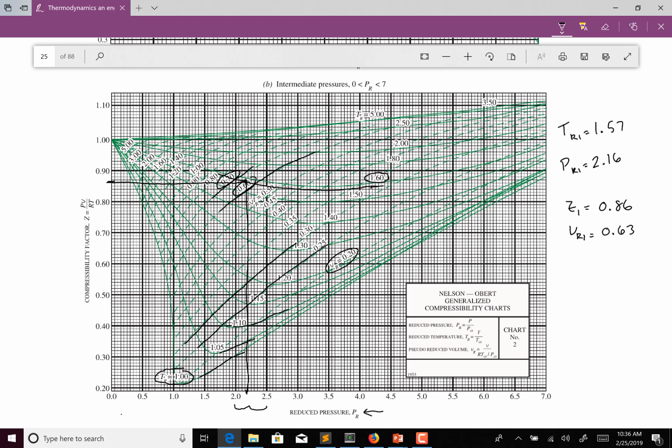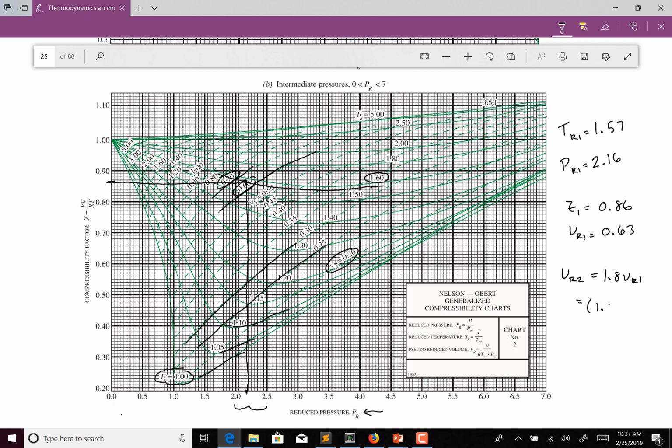0.63. We know that the volume in the piston cylinder increases by 80% when we heat the methane. So we can say that the specific volume at state 2 is equal to 1.8 multiplied by the specific volume at state 1, and we know what this is.